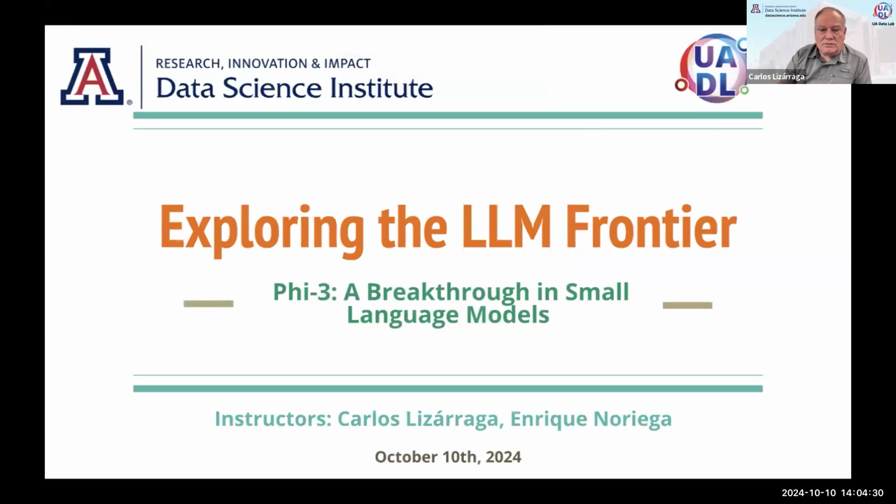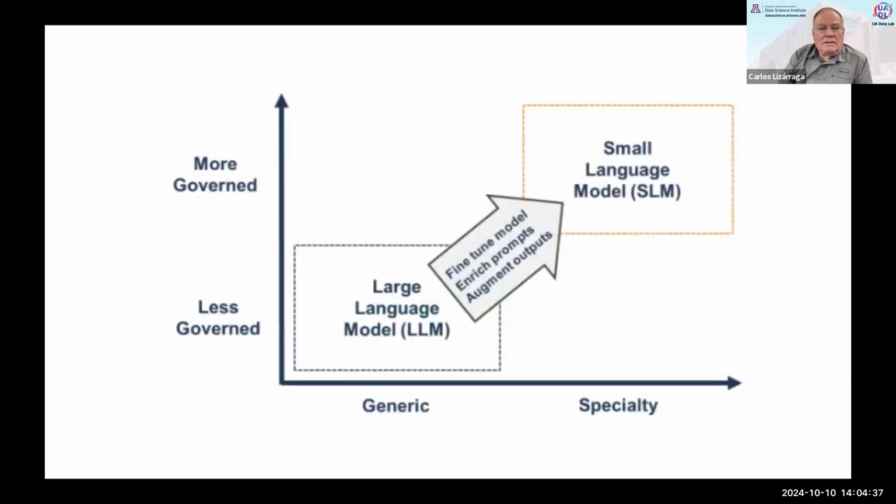Okay, so what is Phi-3 and what is a small language model? It's another type of model, but with fewer parameters to tune, and also it's more focused on specific topics.